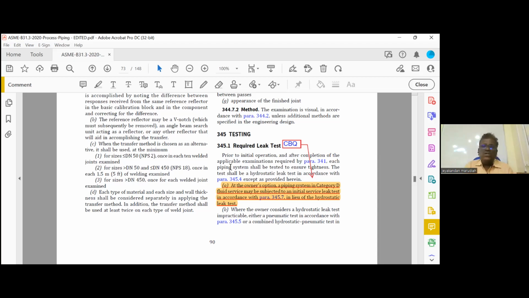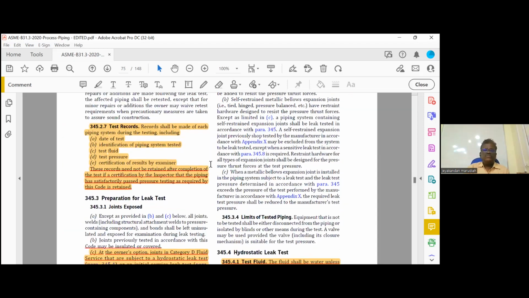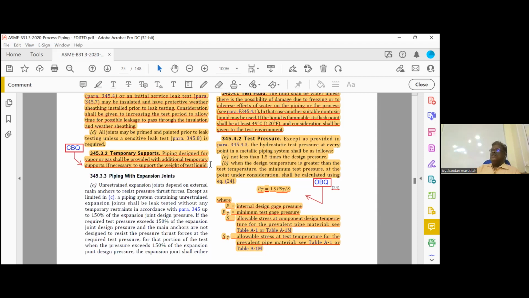Now, when you are going for a hydro test, what is the formula we have to use? It is 1.5 times design pressure, times stress at test temperature divided by stress at design temperature. Where will you find the stress? Appendix A-1.